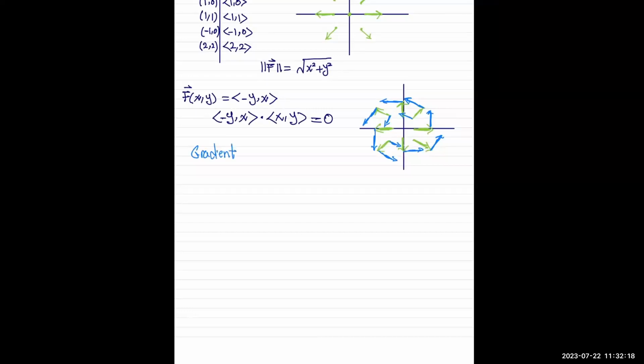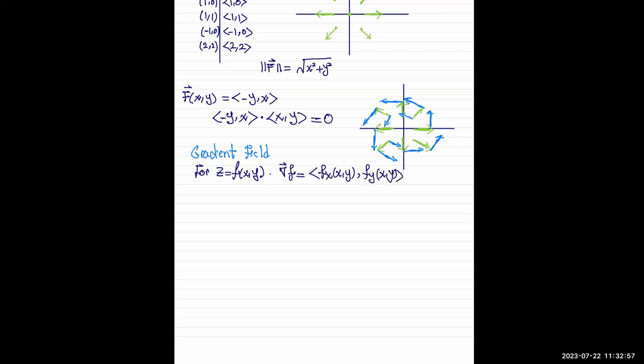The gradient of a function is a vector whose components are functions of x and y. They were the partial derivatives of the function. So for z equal to f of x y, the gradient of f is the partial derivative of f with respect to x, partial derivative of f with respect to y.